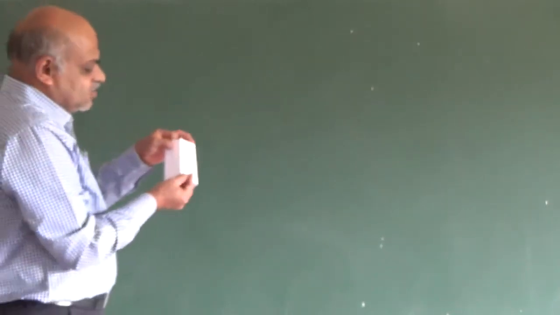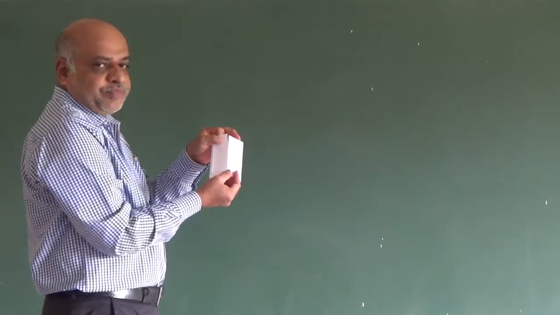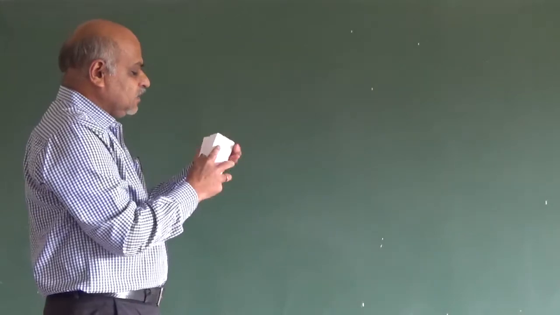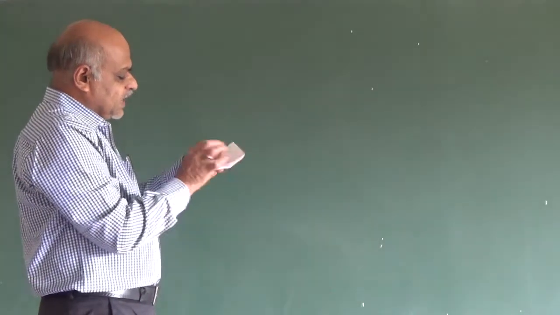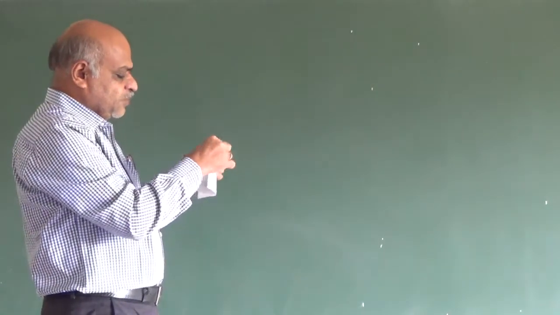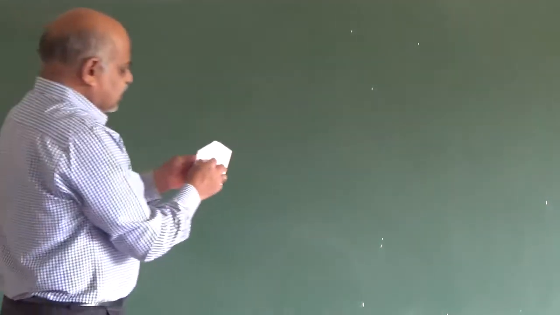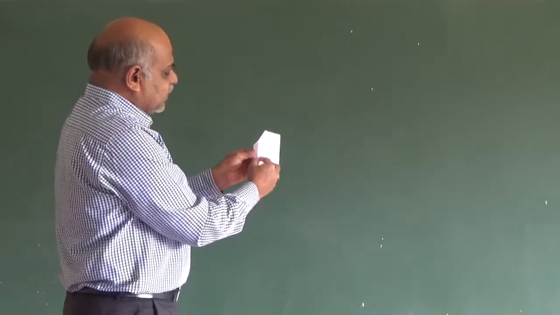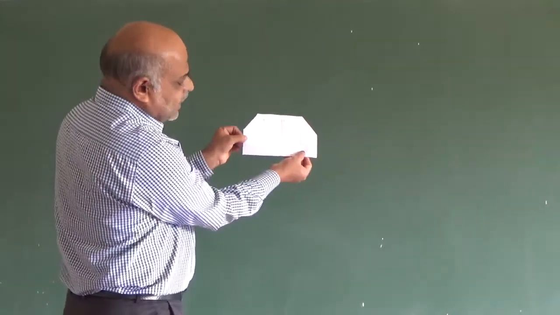Here in this particular case, what happens? What I have shown is a complete prism. If this prism has been cut at a particular height, see here, and if you open it, it looks like this.